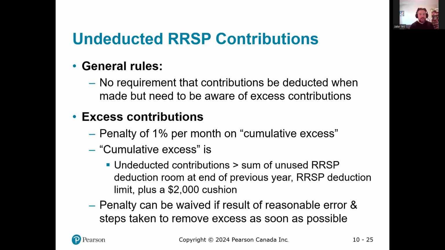So if I put $10,000 into my RSP, I want to deduct $10,000 from my income. That's what gets me the tax savings this year. So if my tax rate is 26%, I deduct $10,000, I'm going to save $2,600, right? Right now. And then I'll pay those taxes when I withdraw.